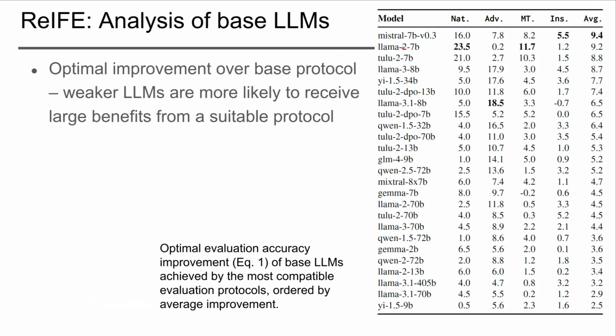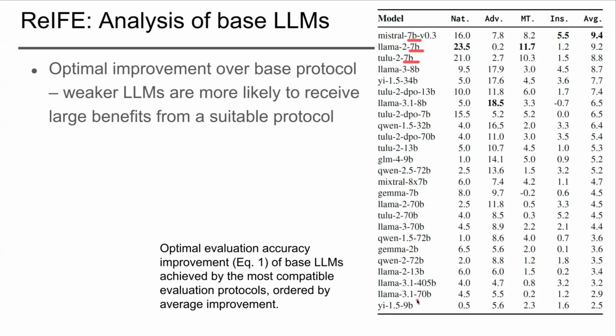Here you can see that the range of improvements is quite high for smaller models. If you have 7 billion parameter models, based on which protocol you choose, you could get very large improvements.